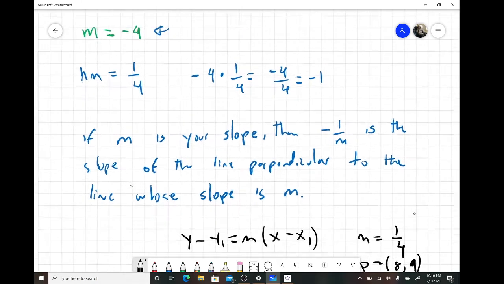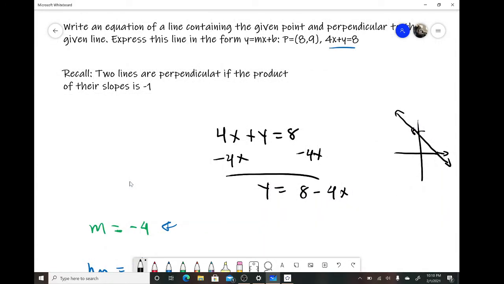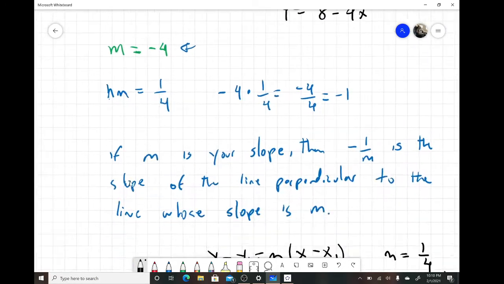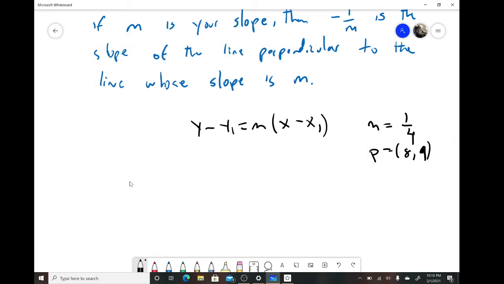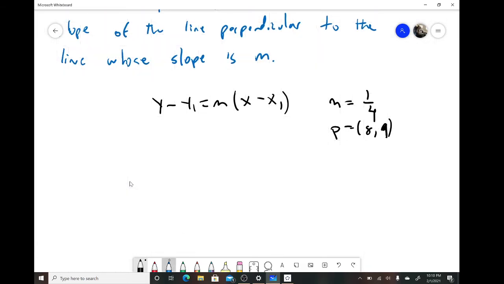We have that from the given part. So this was given to us right here. So now we just have to plug in. Once again, 8 is x, 9 is y. So what do we have here? We have y minus 9 equals 1/4 times x minus 8.